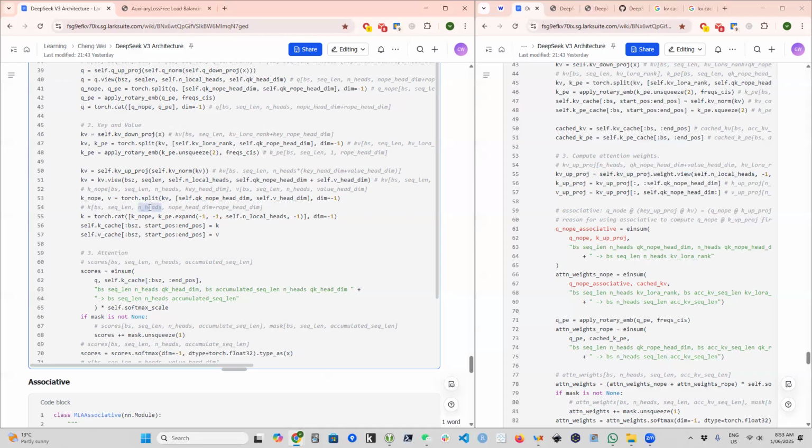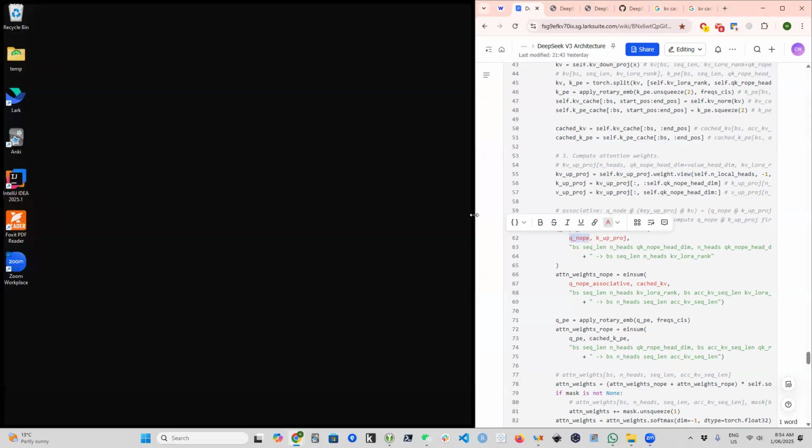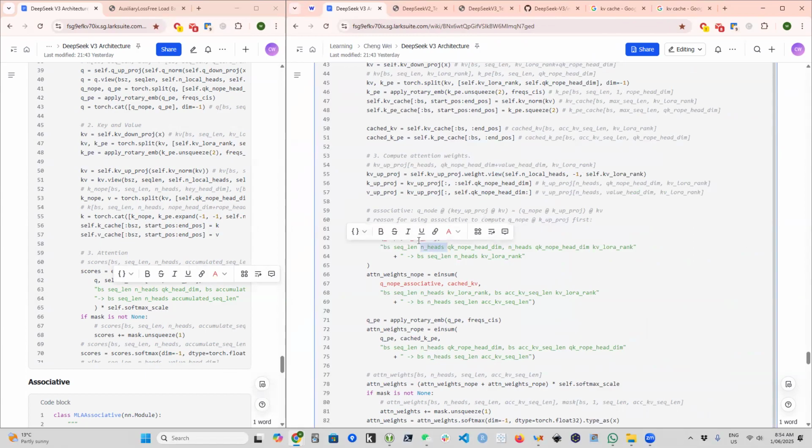Then this multi-head K multiplies with Q. You see here, it's already a multi-head K and a multi-head Q. But here we multiply the Q, which is multi-head, with the up projection matrix.